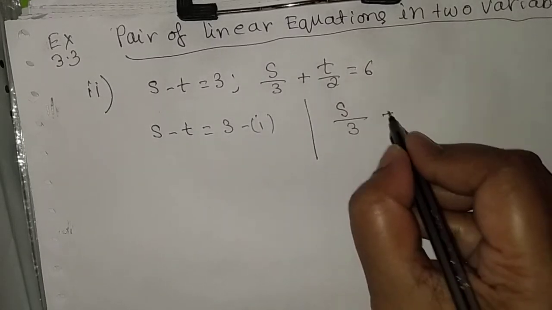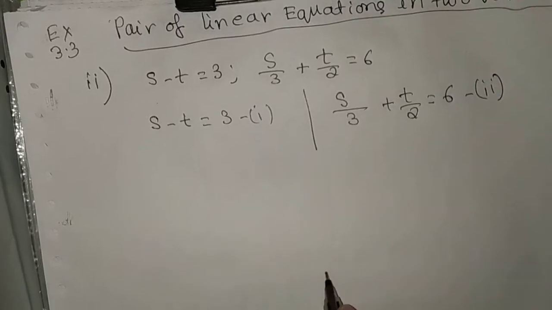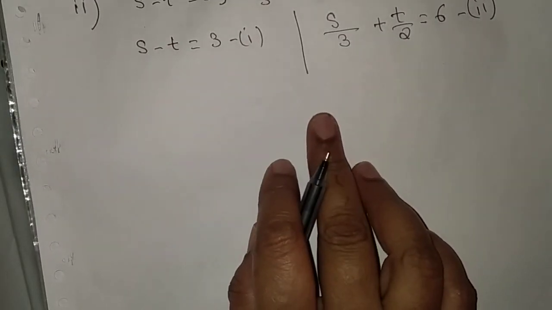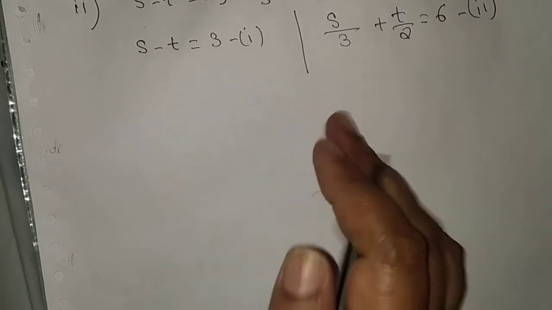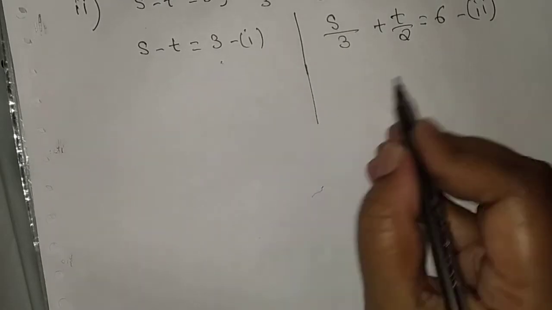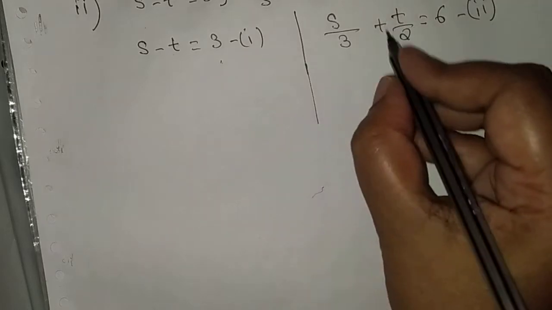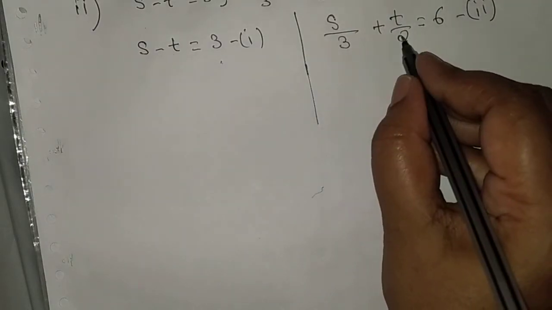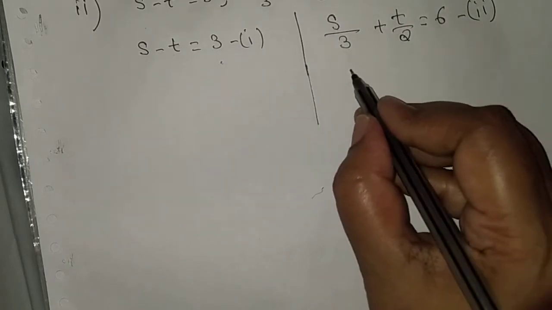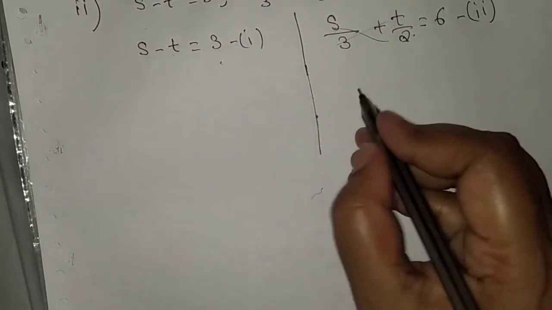Next we take the second equation and call it 2. Now we take equation 2 and first simplify it. To simplify this, first we cross multiply these two.